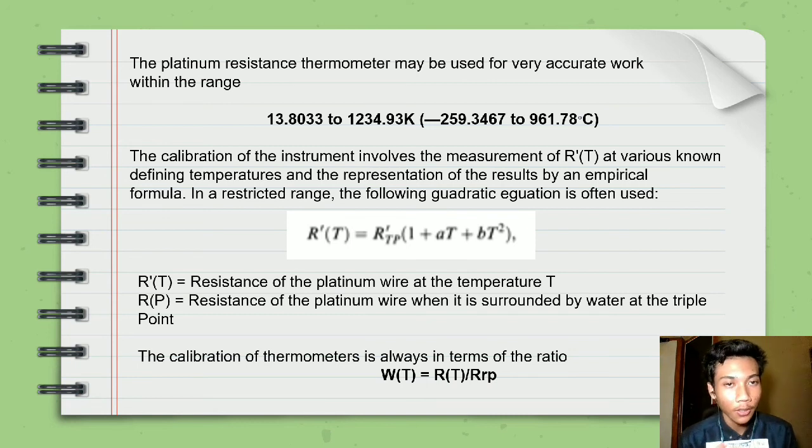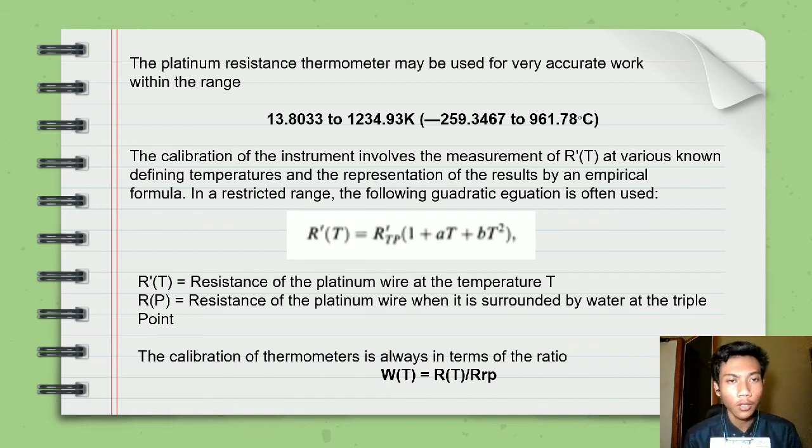The range is 13.8033 to 1234.93 Kelvin, or we can say minus 259.3467 to 961.78 Celsius.